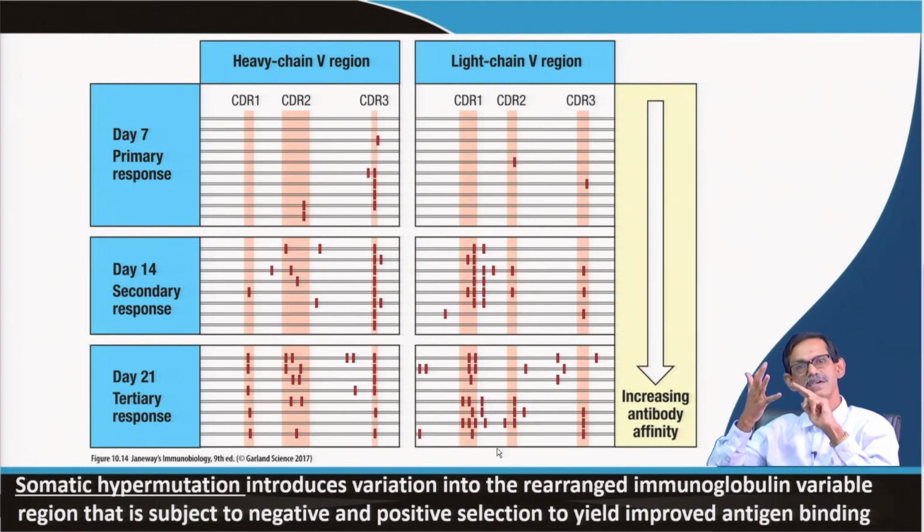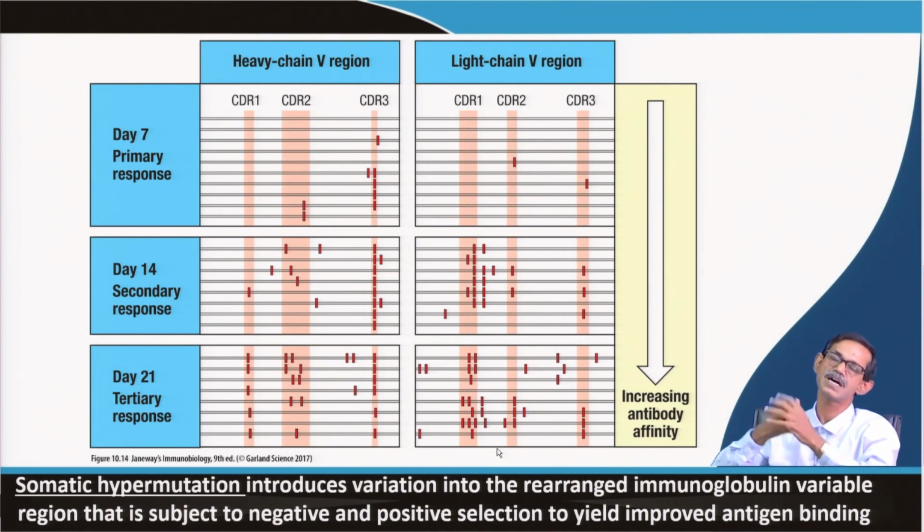That change can do several things. One, it may not change the affinity or avidity, the interaction power between specificity and affinity, so it remains the same and the change does not make any difference. It can reduce the affinity or specificity, or it can increase the affinity or specificity.